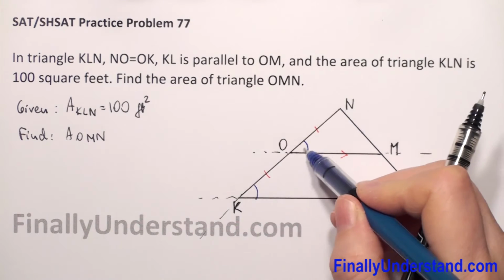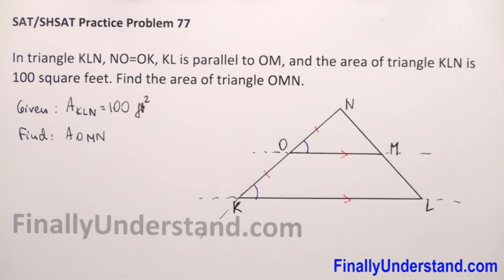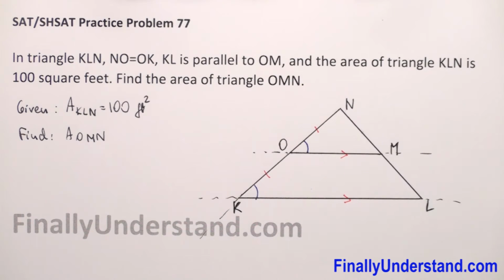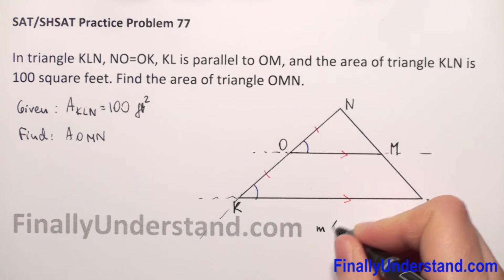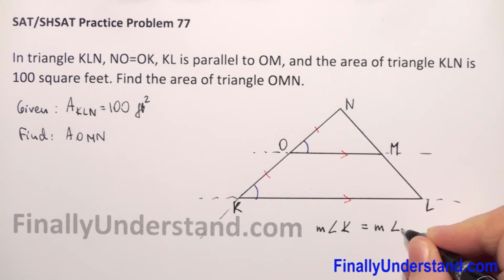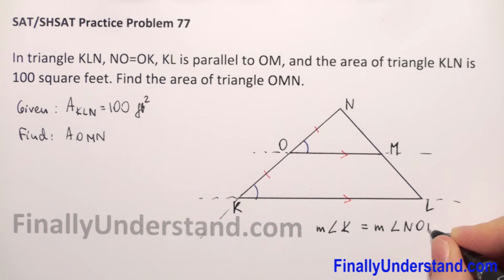These two angles are congruent. Why? Because these lines KL and OM are parallel and they cut line NK. So we can write that the measure of angle K is the same as the measure of angle NOM.